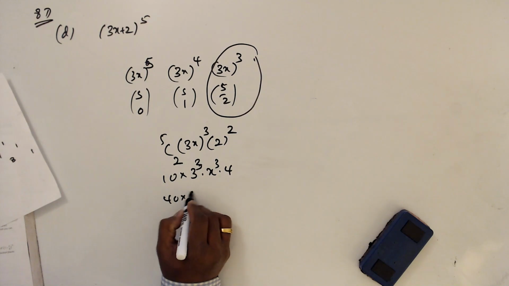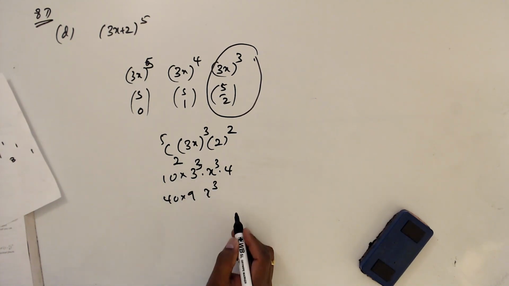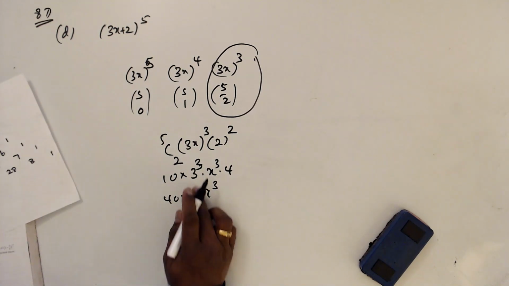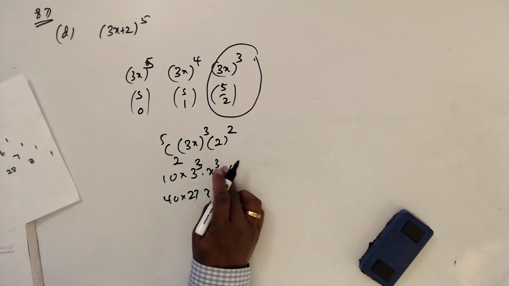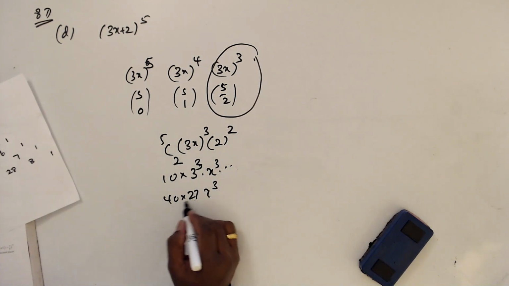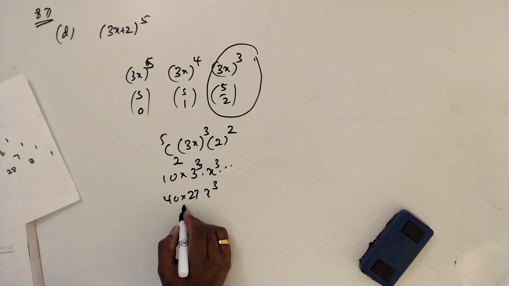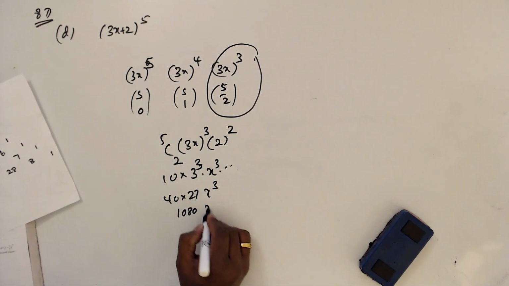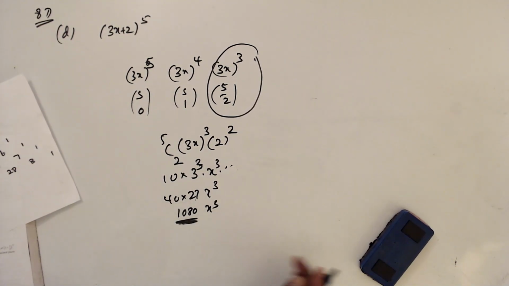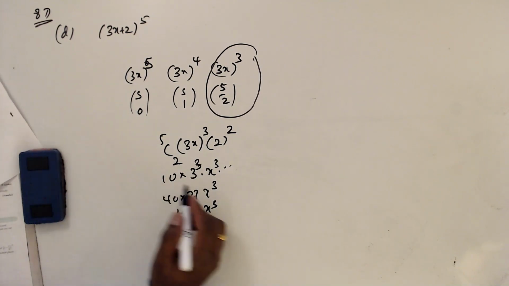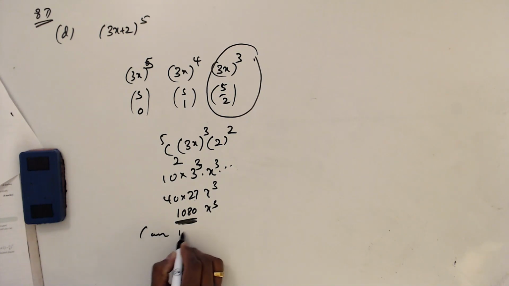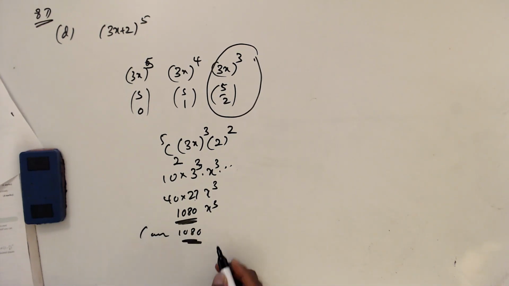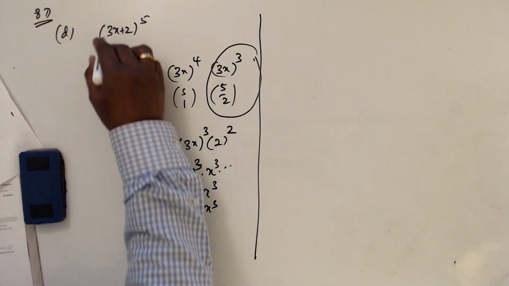So 40 times 9 x cubed, and so this is 27, 3 to the power 3, 27 times 4. This is going to be 1080 x cubed. So the coefficient is 1080.